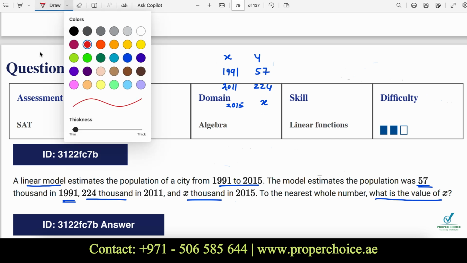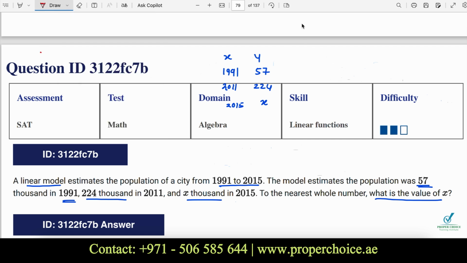So generally we write a linear model as y equals mx plus b, and you can find out the slope, which is the rate in this case, by considering the values of x and y. If you are considering this as x1, this value becomes y1. If you take it as x2, this becomes y2.